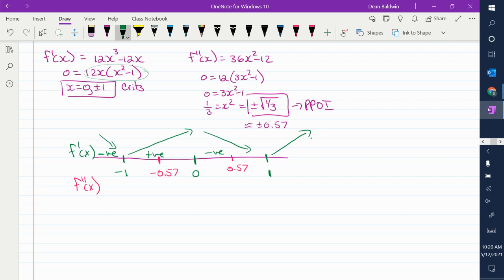If the first one is going down, and then you get to 0, then it must go up? No, I'll show you one where it doesn't. It continues to go down, so it can be down, down.